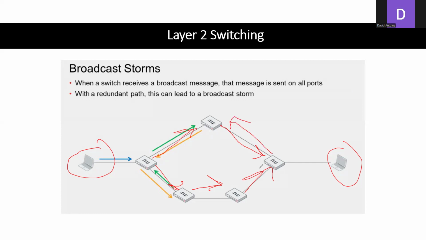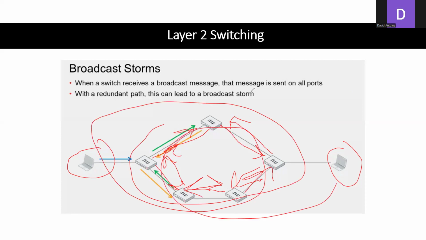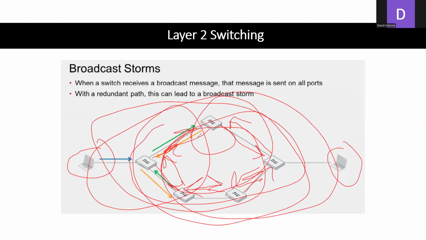So imagine without spanning tree, Donovan's trying to reach my Kivia. Without one way for traffic to go, traffic is just going to keep going in a loop because the switches do their primary job, which is forwarding frames. Without that role of loop prevention, they will continuously send frames and send frames and send frames. And what do we have? We have a broadcast storm.